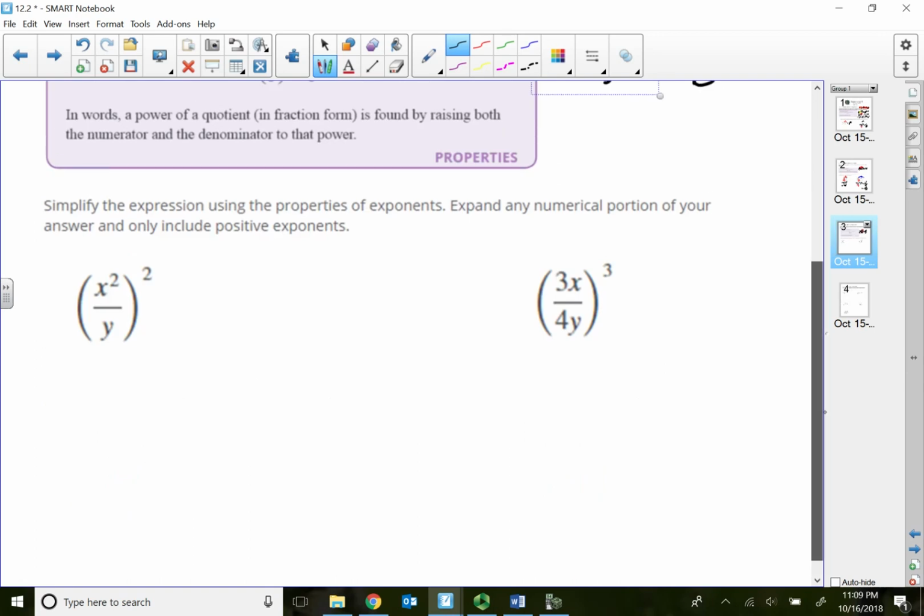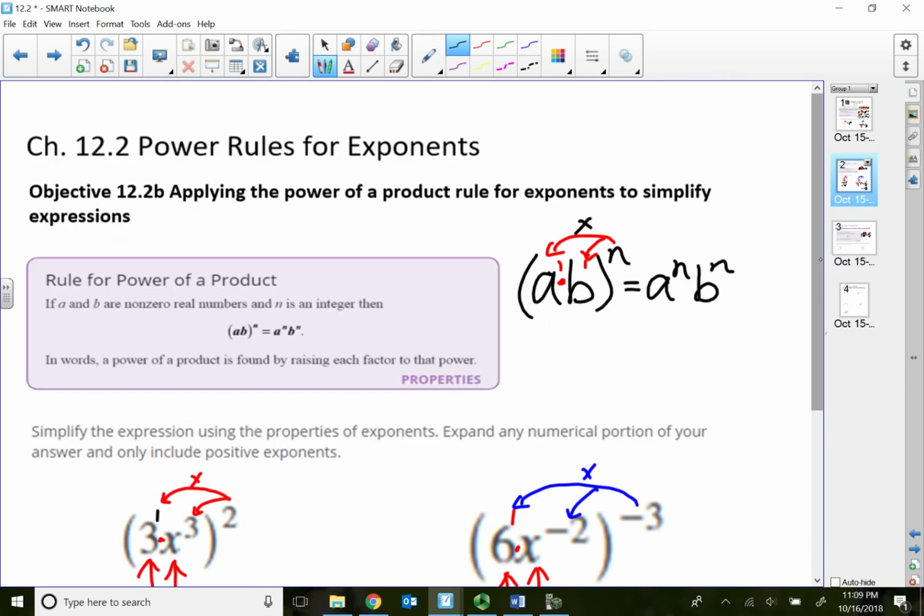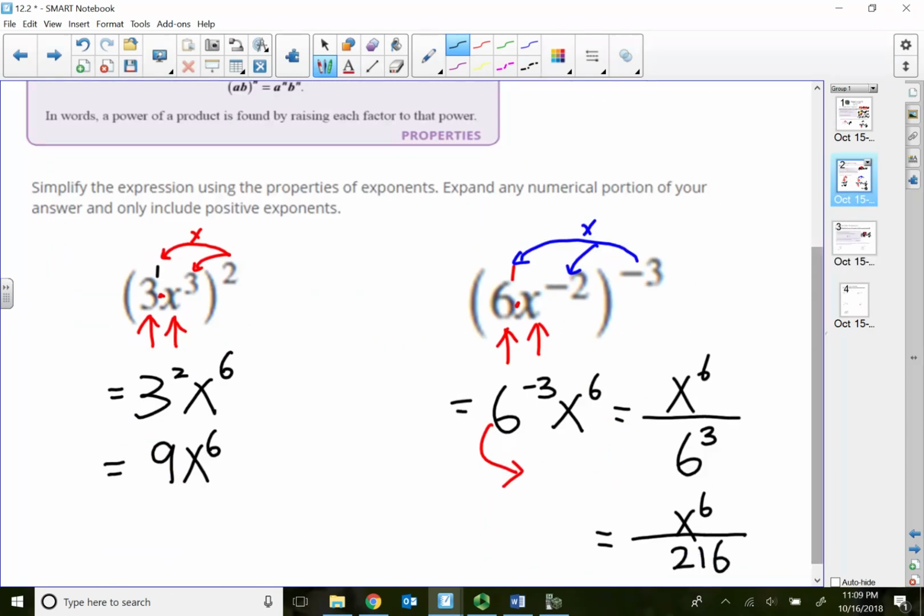There was something I meant to tell y'all in the last video about the power rule, about negative exponents. I don't type in negative exponents very often because I normally turn them into positive exponents first and then key it into the calculator. If I just type in 6 to the third power, it's 216.